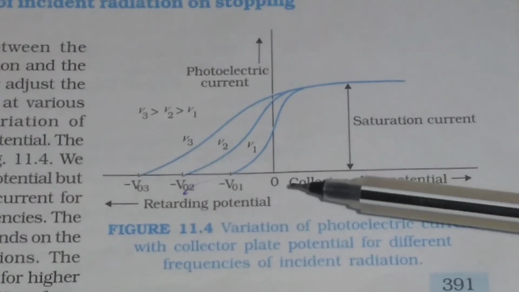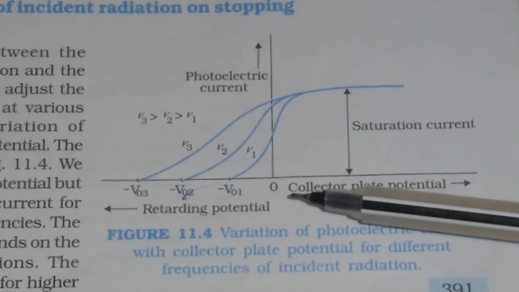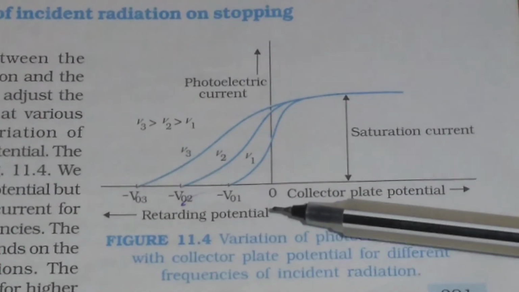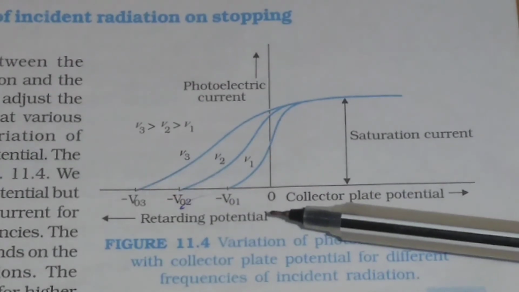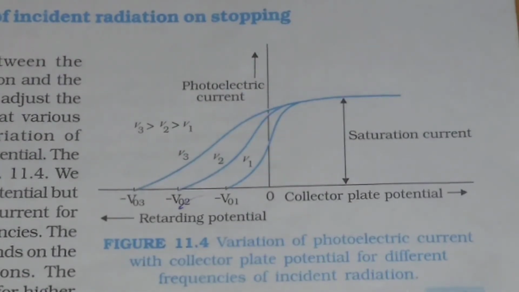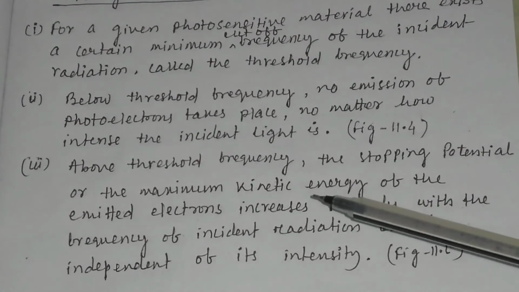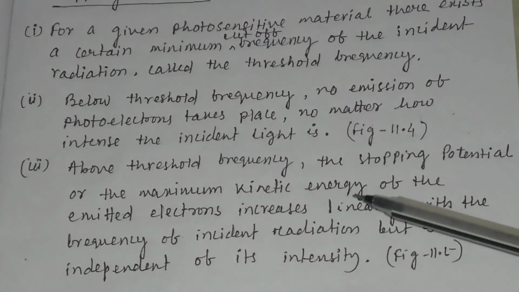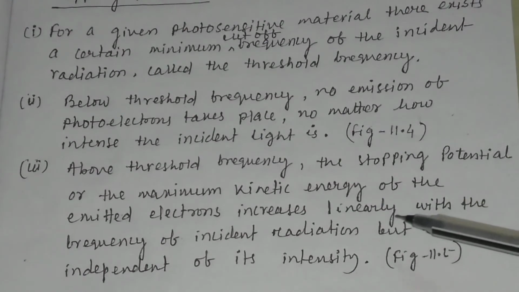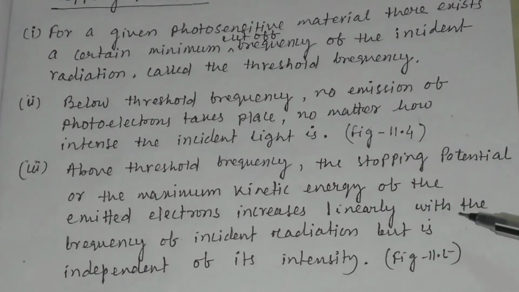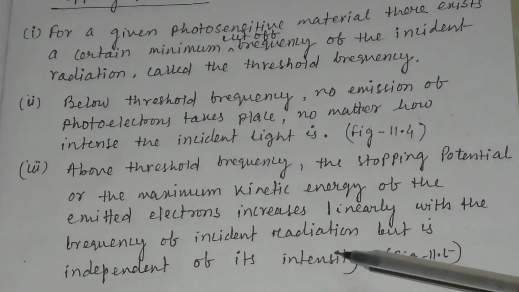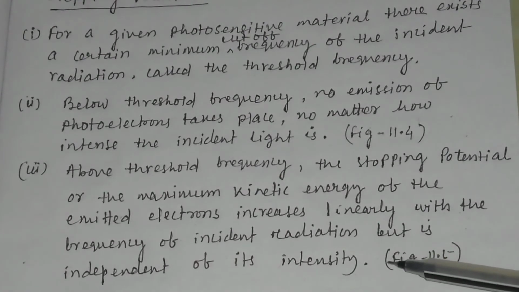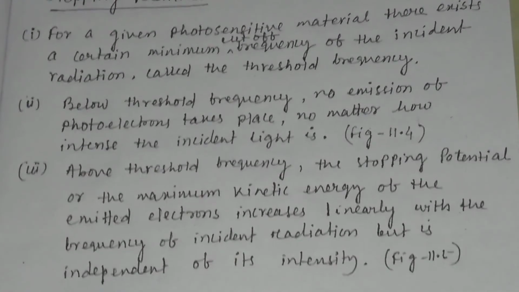Below the threshold frequency, no emission of photoelectrons takes place, no matter how intense the incident light is. Above the threshold frequency, the stopping potential or the maximum kinetic energy of the emitted electrons increases linearly with the frequency of the incident radiation, but is independent of its intensity.